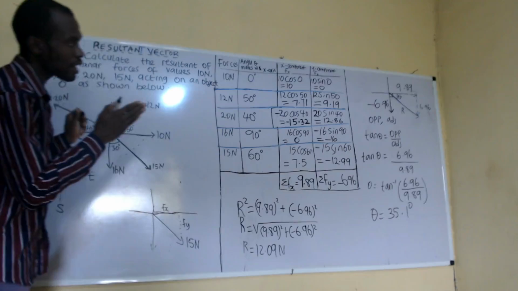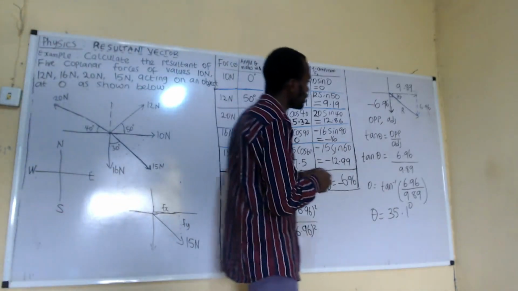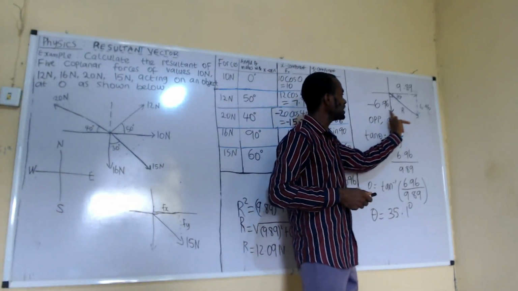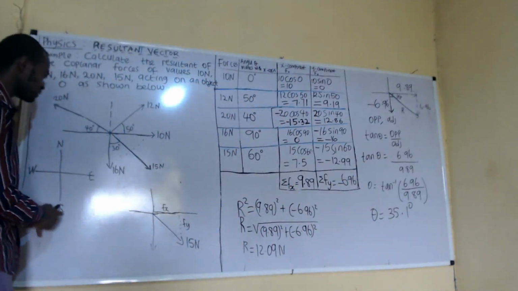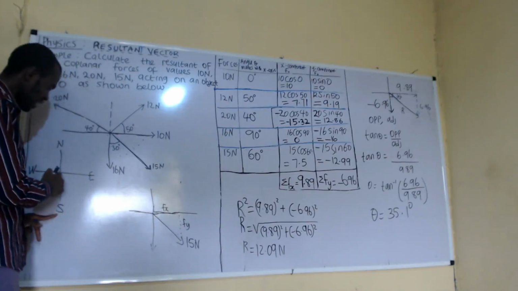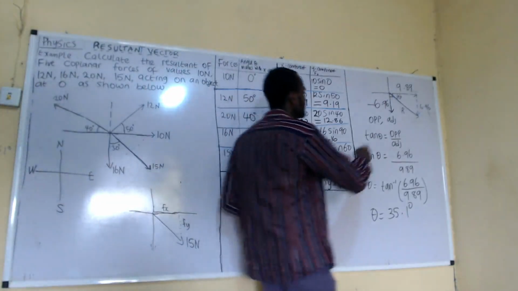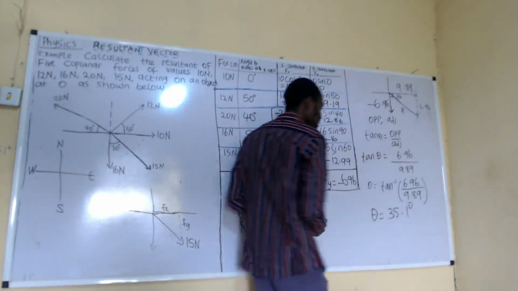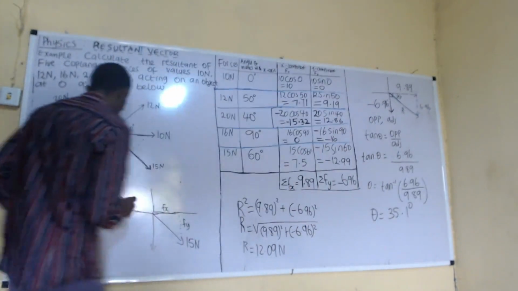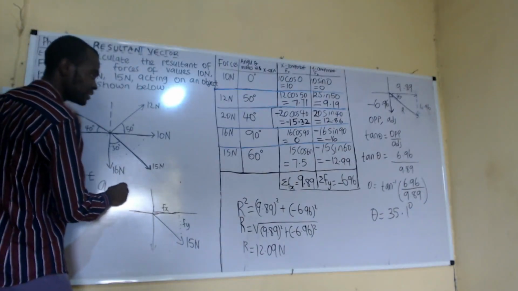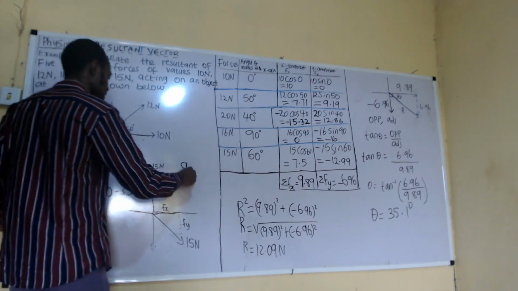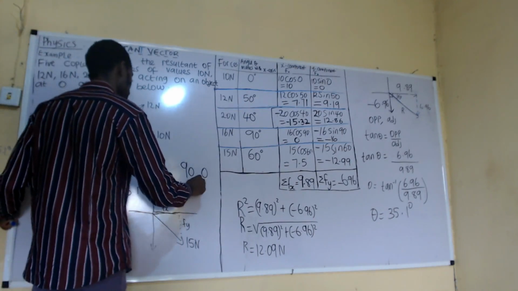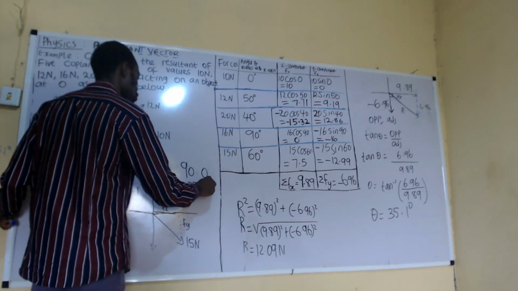Now the resultant vector is in between south and east. So we have to call south before east. So the angle between south and east will be 90 minus 35.1. 90 minus 35.1.